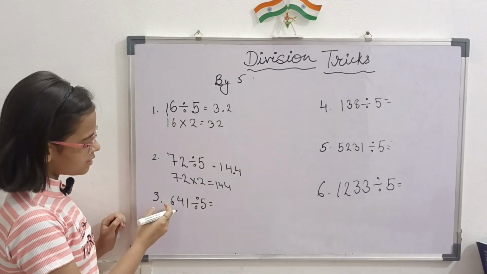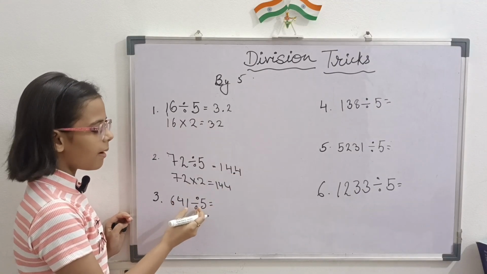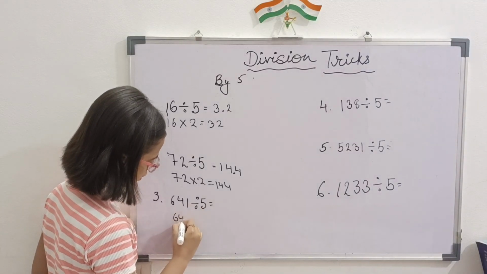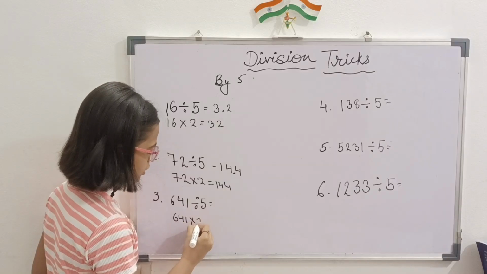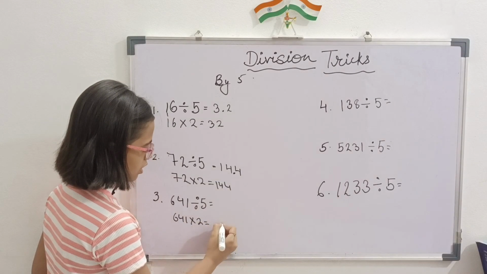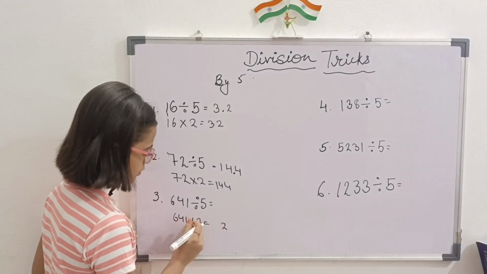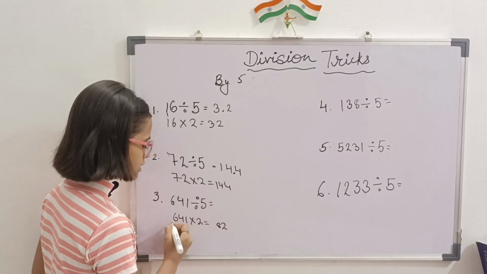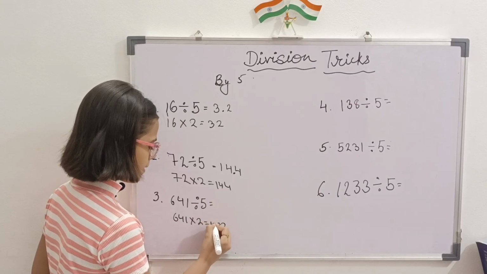Our next digit is 641 divided by 5. We have to multiply 641 by 2. 1 2s are 2, 4 2s are 8 and 6 2s are 12.